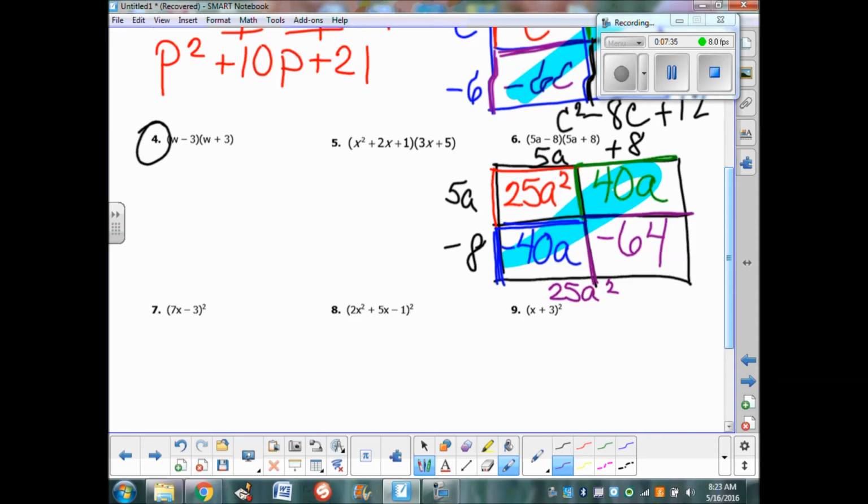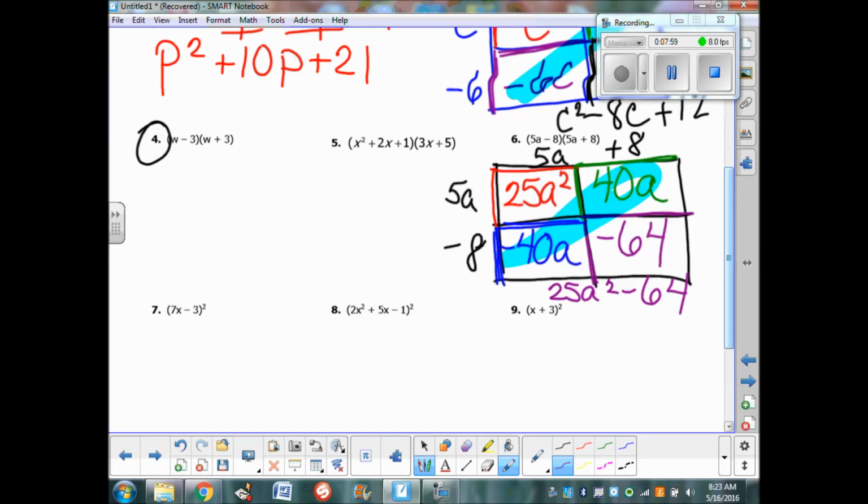Now we combine our like terms, 40a minus 40a, that gives me 0. What are we left with? We're left with a negative 64. All right, there's our final answer. Again, we just did binomial times binomial, just used a little graphic organizer.